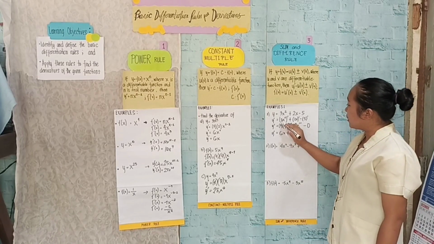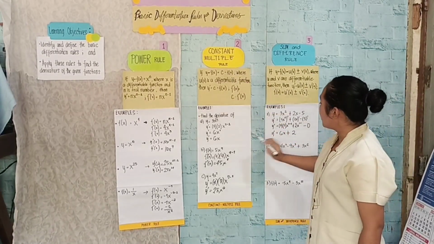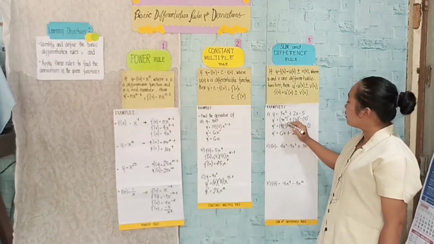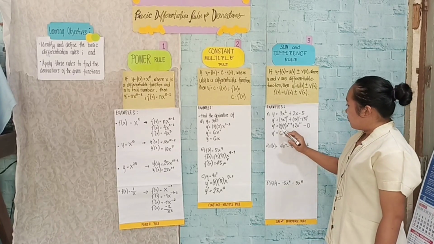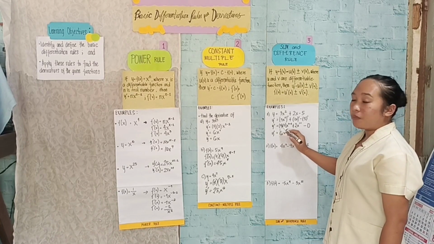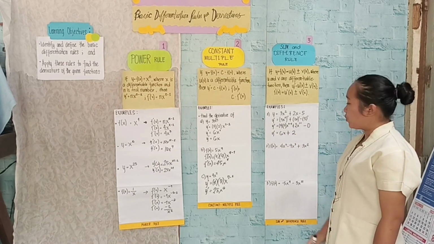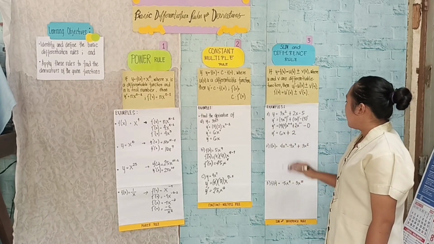So for our first term, the constant multiple rule is applied since it has the numerical coefficient and the exponent. So what are we going to do now? The numerical coefficient will be multiplied by the exponent, which is 2. Then x to the 2 minus 1.